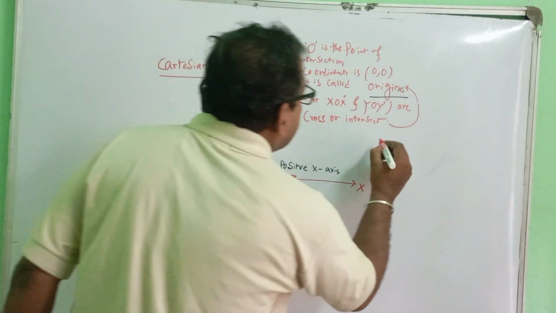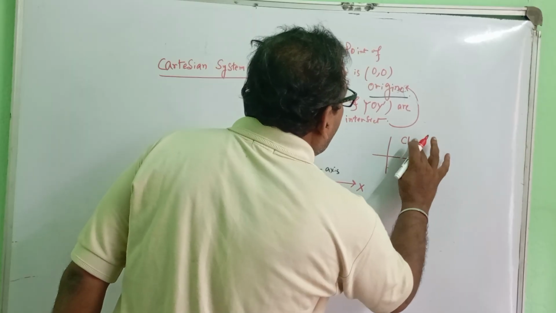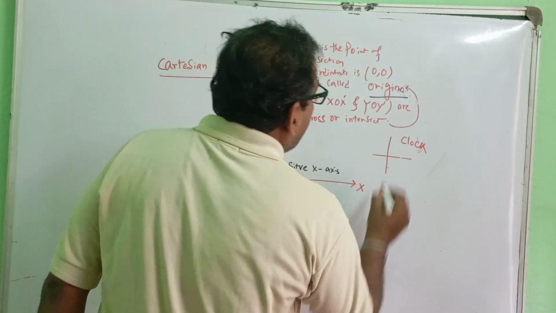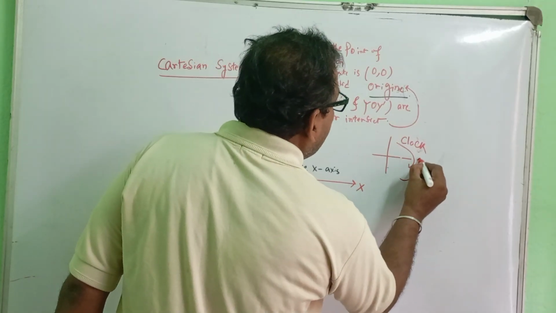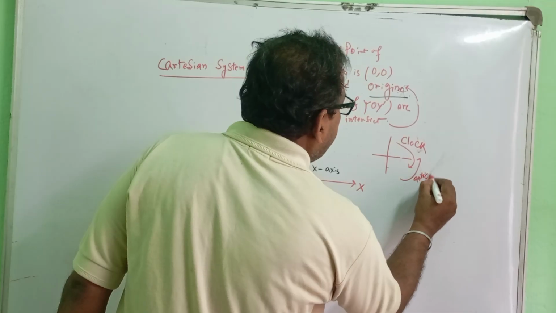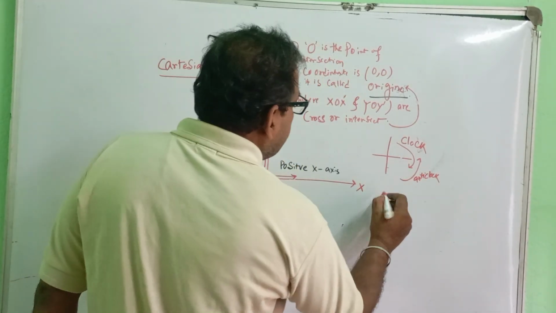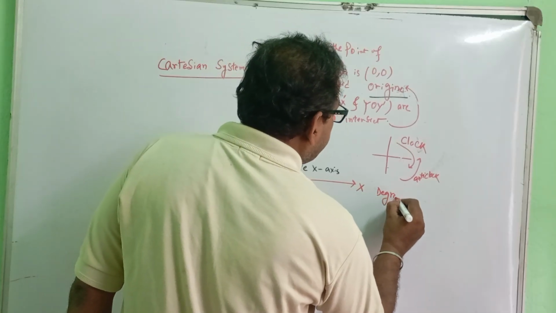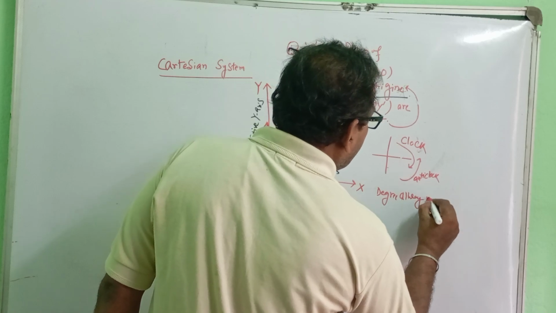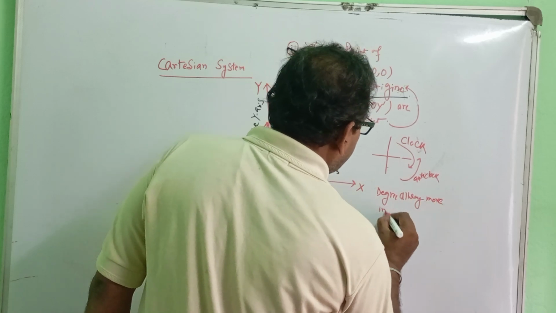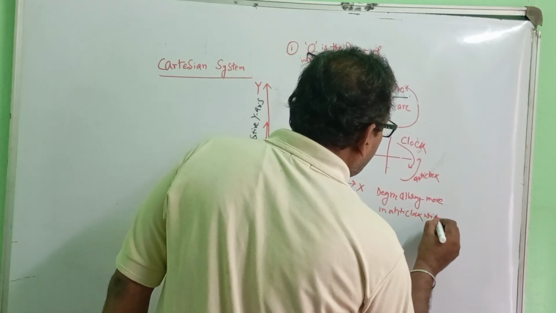Why do we consider the fourth? Look carefully. How does a clock run? This motion is called anti-clockwise. Always the degree moves anti-clockwise.